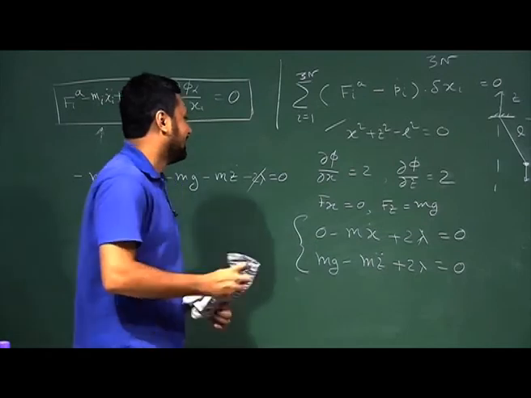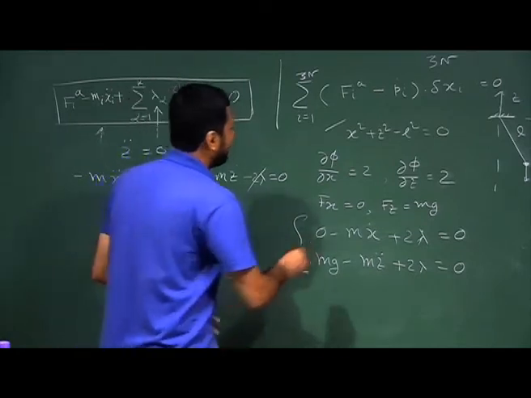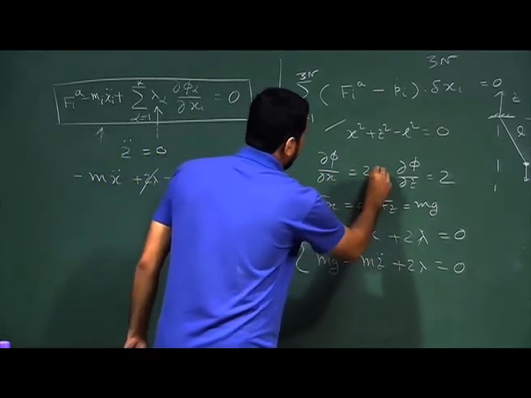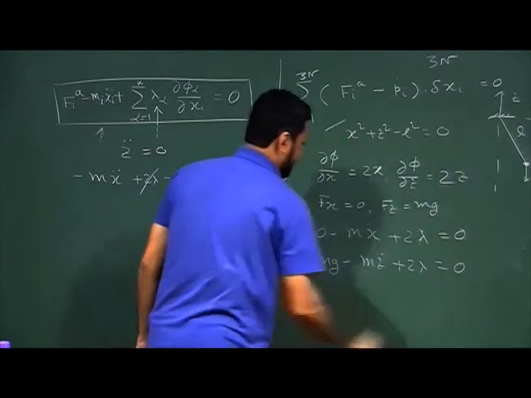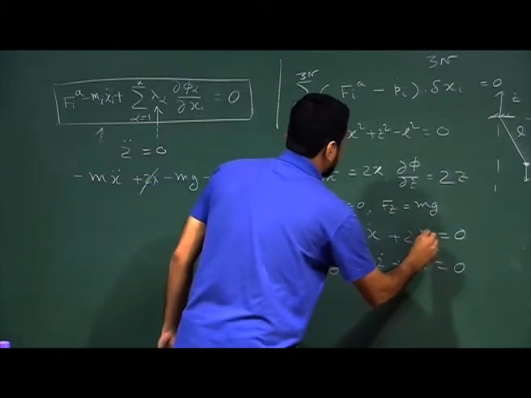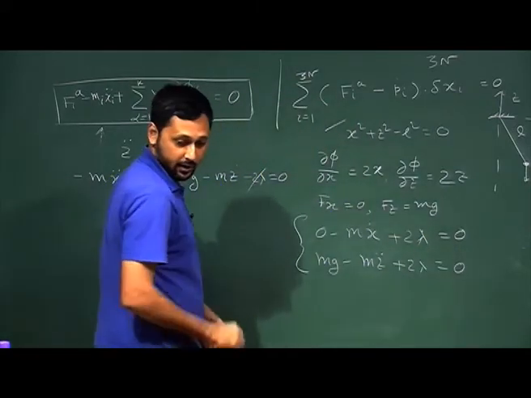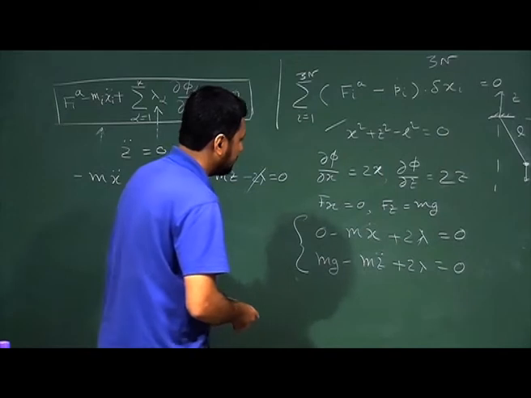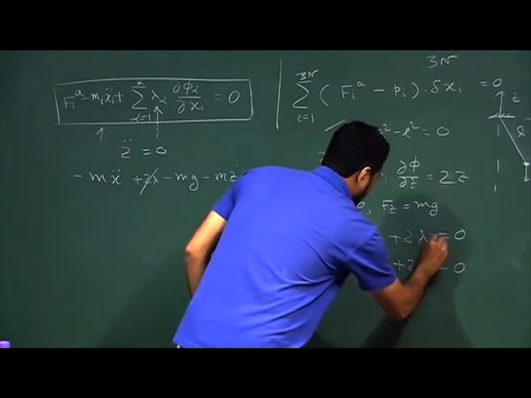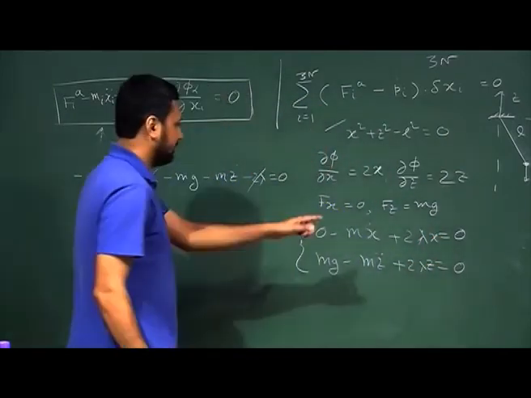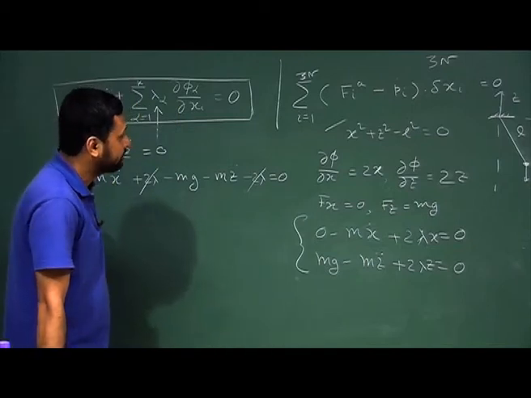Wow, sorry, it's a terrible mistake. It will be 2 lambda x and 2 lambda z. Now this makes more sense.